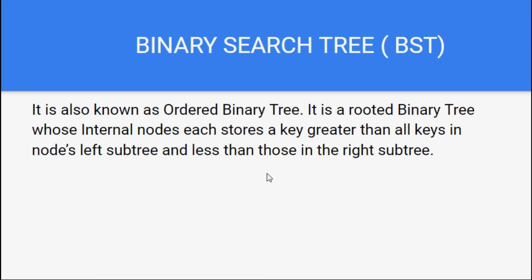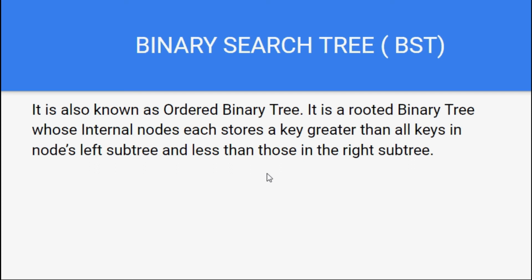So if it can have at most two children, the left child should be less than your parent and the right child should be greater than the parent. Obviously when we perform in-order traversal, which says left, root and right, we are always going to get the sorted list whenever we are traversing binary search trees.